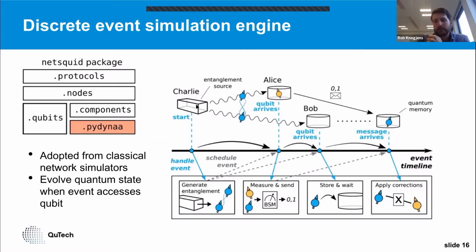And then Alice, for instance, reacts to this qubit Charlie sent her arriving, and I say qubit, but I mean photon, or maybe some photon pulse, and will then access the qubit she had in memory. In this case, maybe apply noise depending on how long it was waiting in memory, and then perform some local operation on these two qubits she now holds locally. In this case, measure them using a Bell state measurement, and then pass on that classical information. And I can go on through this process, but those are the general ideas.